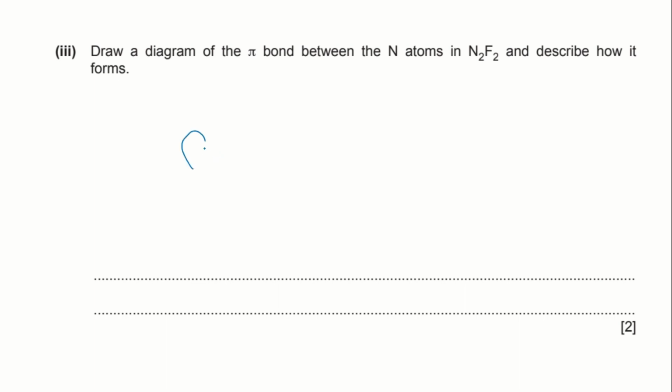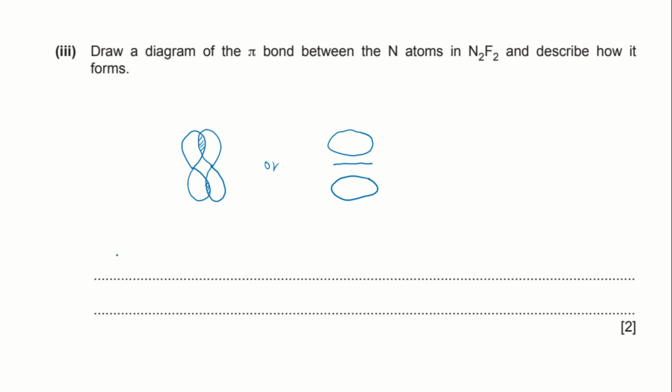So we can draw like this, show two p orbitals, each from the nitrogen atoms, and they overlap sideways. Or you can also draw the pi bond as two electron clouds above and below a sigma bond. So answer can be this on the left or the one on the right hand side.